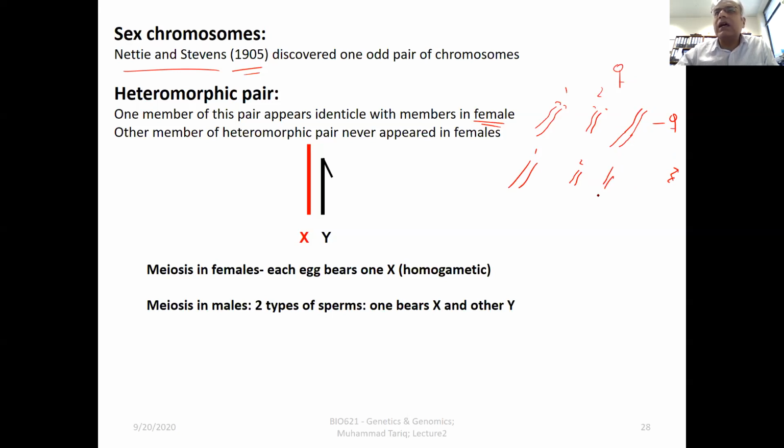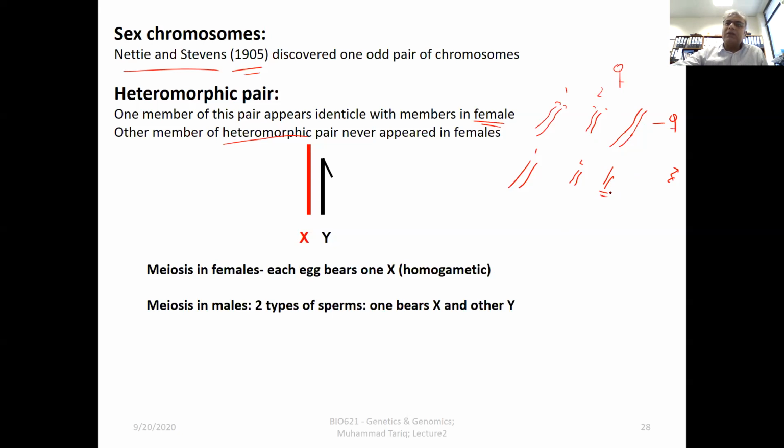So they named the male as the heteromorphic pair, where the homologue was missing. There was a much smaller chromosome as compared to the normal chromosome. In contrast to the identical pairs, here was the heteromorphic pair where the homologue was missing.